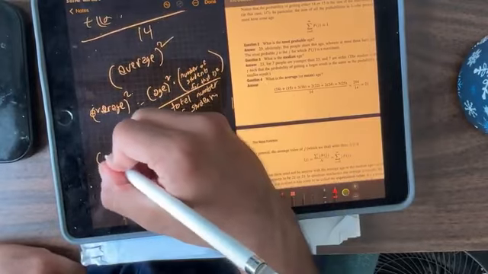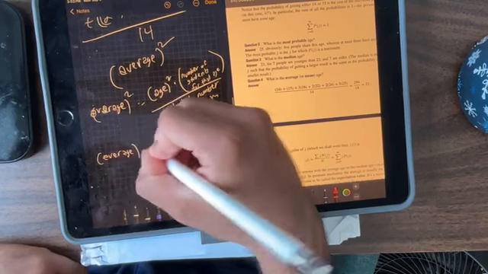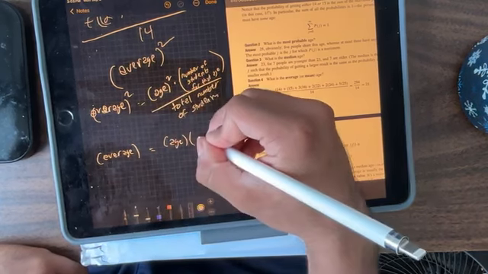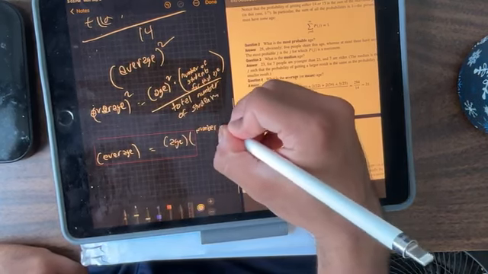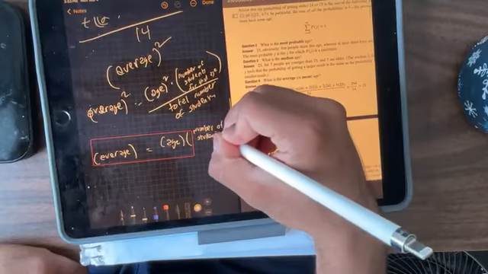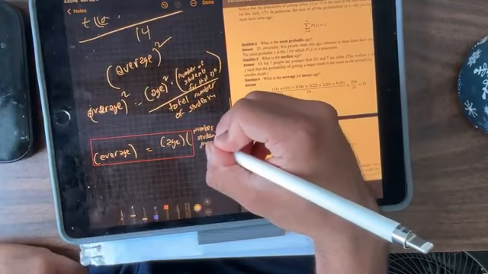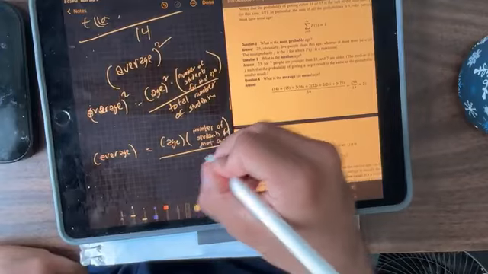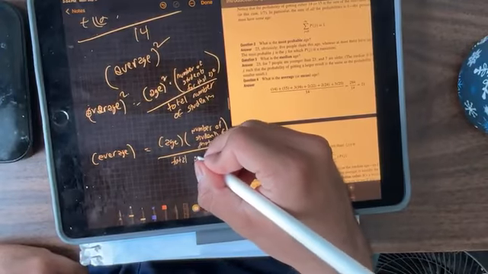And the average would simply be age times the number of students for that age, divided by the total number of students.